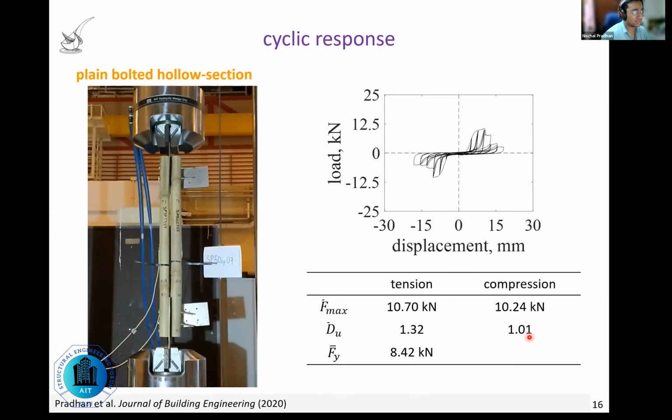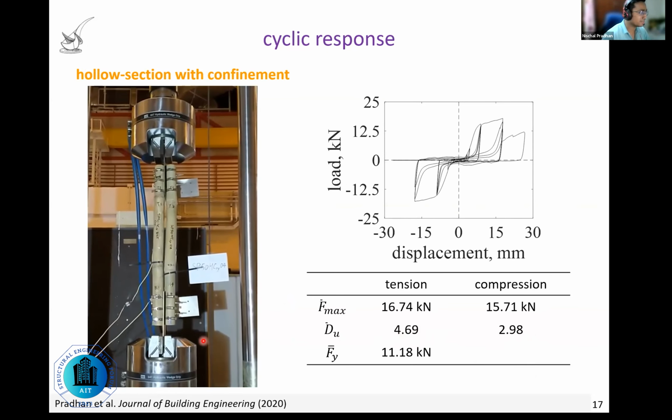Adding hose clamps improves the ductility by a lot, 2 to 3 or 3 to 4 times. But for the cyclic testing, the ductility is again a little bit limited by early fracture of bolts. The bolts we used were quite susceptible to fatigue damage, and if you can use a high performance bolt, you can get even larger performance than what you see over here.